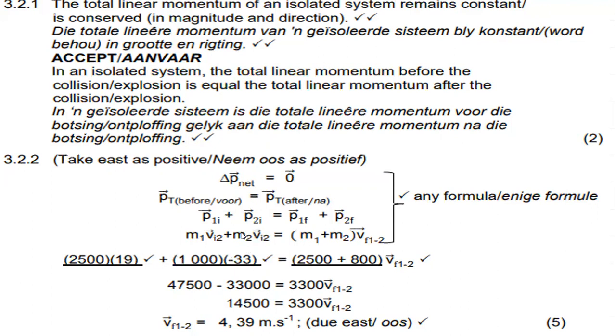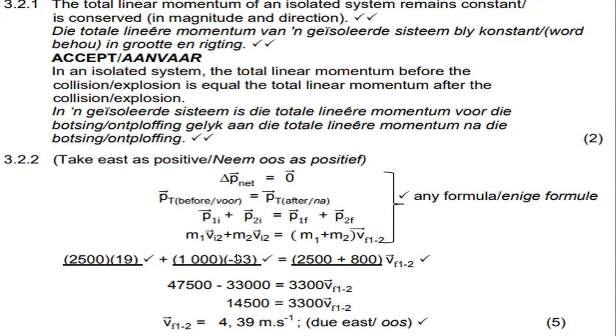Plus, now we get to the momentum of object 2, which is the car. And the car had a mass of 1,000 kilograms. And before it collided, it was moving at 33 meters per second, but it was moving due west, right? And because we have taken east as positive, it means west is taken as negative.